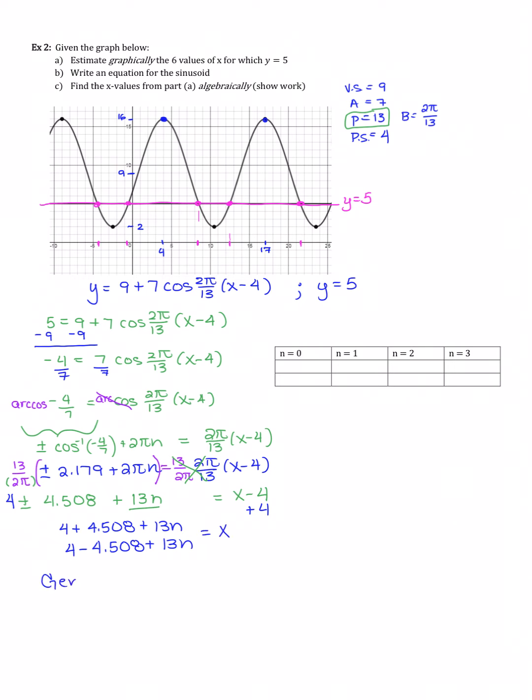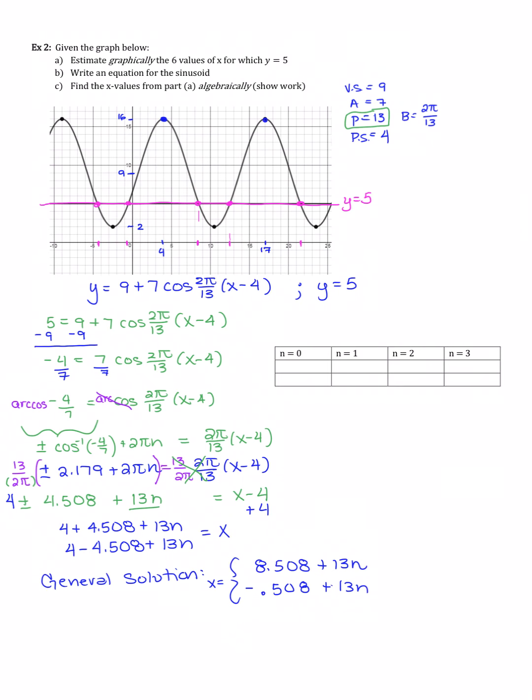So what we call our general solution, because it has an n involved, is going to be x equals 8.508 plus 13 times n, or negative 0.508, because 4 minus the 4.508 plus 13n, multiples of 13, because that's the period every time you go around again.